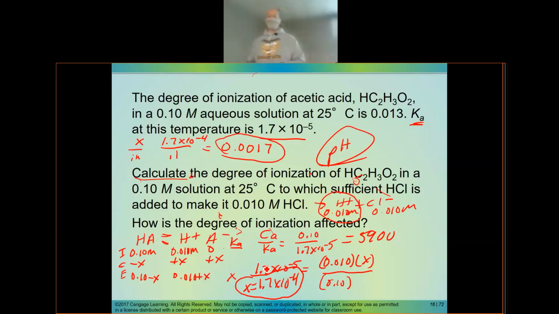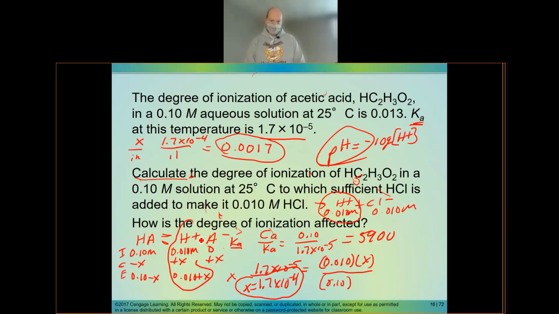I got a 3 point something, and I'm done, off to the next one. And again, you have the wrong answer. To find the pH of this, the pH is not the negative log of x. It is the negative log of your H plus concentration. You must have the H plus concentration.